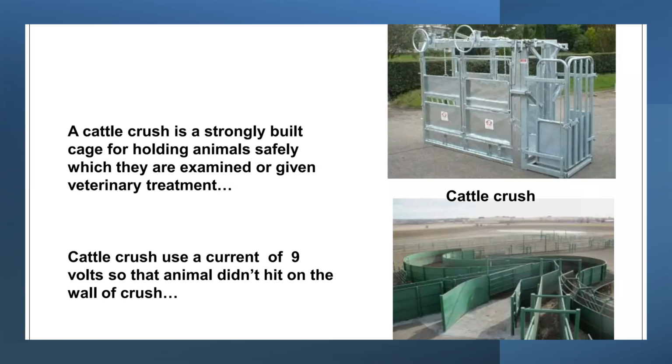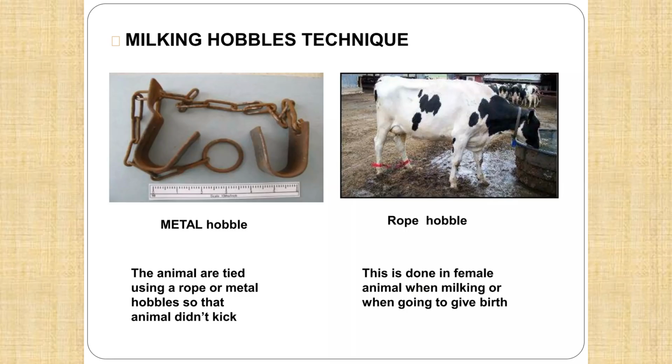So in the photograph below, individual pens are made with a passage, and the cattle crush uses a current of 9 volts so that the animal doesn't hit the wall of the crush, or simply what we can call an electric fence, which is dangerous to the animal. And many people protect their calf by putting such a type of cattle crush.